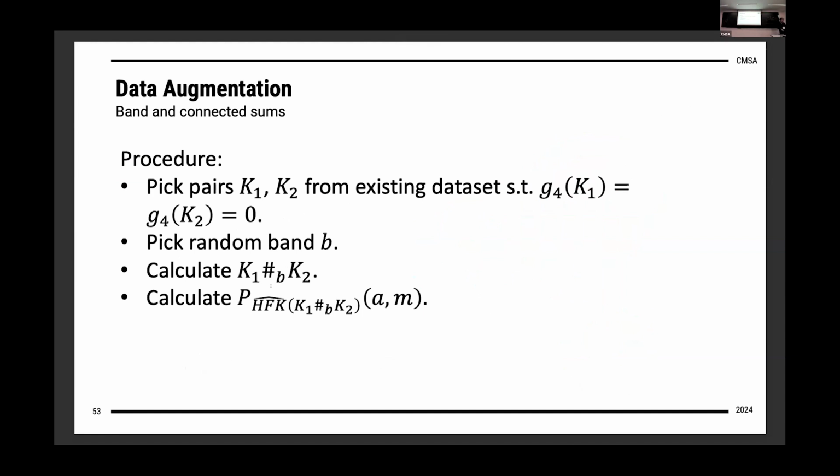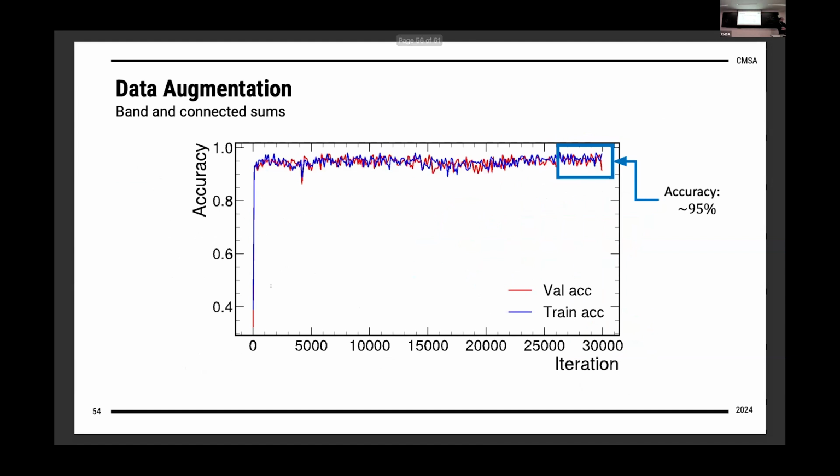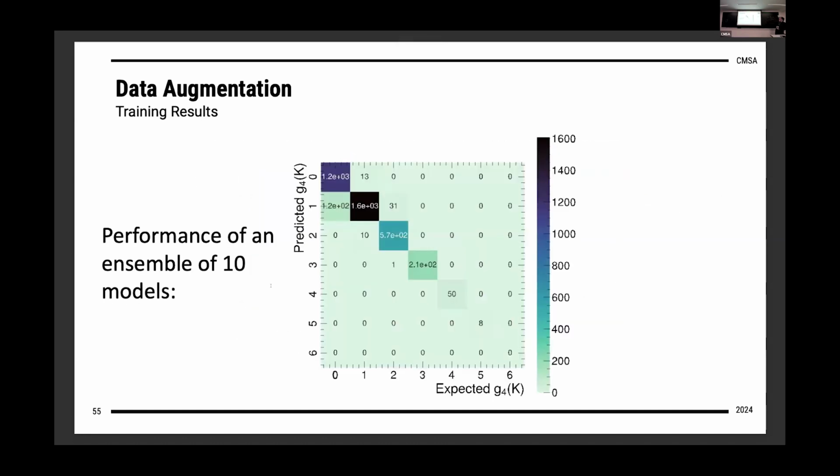So we just take all pairs of K1 and K2, compute their band sums by picking a random band, and compute the corresponding Heegaard Floer polynomials. By doing so, the accuracy is nearly the same for predicting the genus overall. It remains around 95%. However, the performance for predicting slice knots is slightly better, in the sense that about 91% of slice knots are classified correctly.